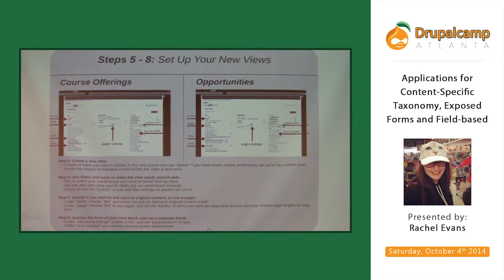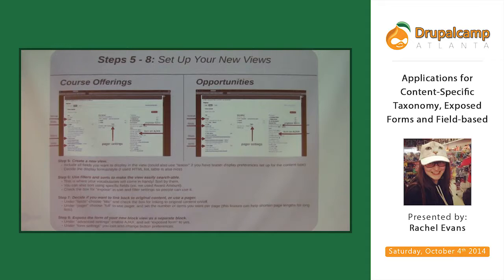You can also decide on the display format style. In both of these examples, I'm just using HTML list in case you're curious. My other favorite one that I played around with was the table view, and that looks really nice, and it gives you kind of an alternate striping for gray and white, and some people really like the way that looks. We use that view a lot for like our news and events feeds.